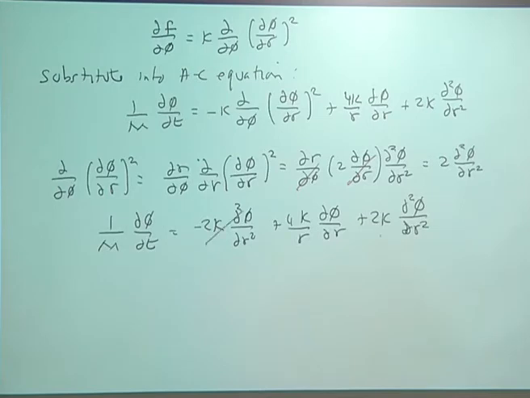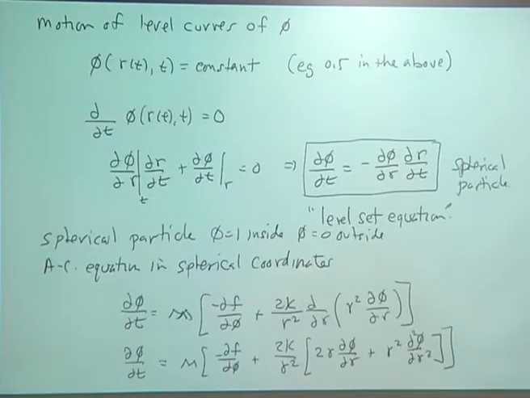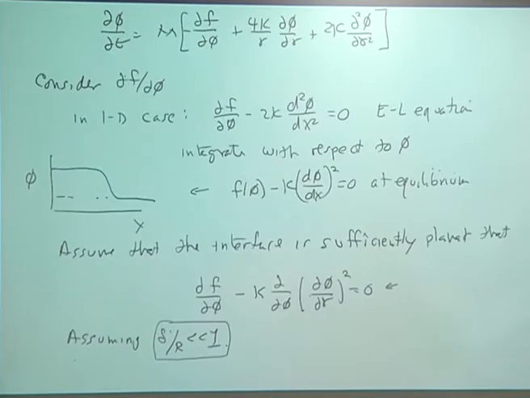These two terms cancel. And you have 1 over m with respect to r. And now we want to get rid of the d phi dt. We go over to here, and we use the level set equation. So we want to get rid of d phi dt. We want dr dt. We want to know what the growth rate of the particle is.